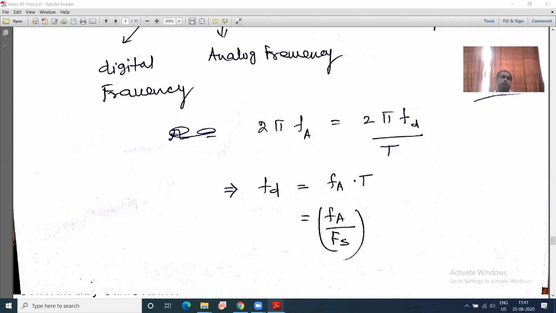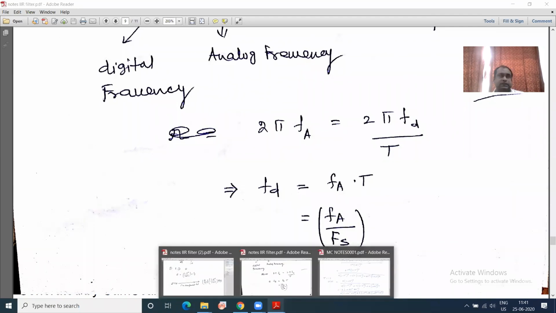Now my point is, in FIR filter design, digital cutoff frequency is given in many places. I have given 4 problems, all with digital cutoff frequency. I have solved 4 problems in FIR filter design. But instead of digital cutoff frequency, the question may give an analog cutoff frequency and a sampling frequency. So you can find the digital cutoff frequency by dividing the analog cutoff frequency by this sampling frequency.